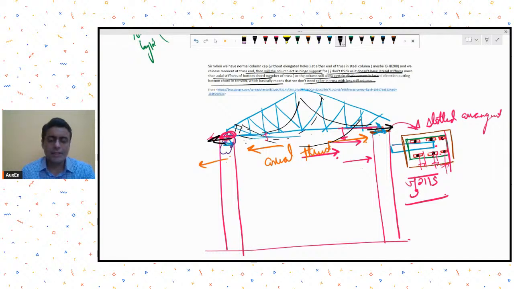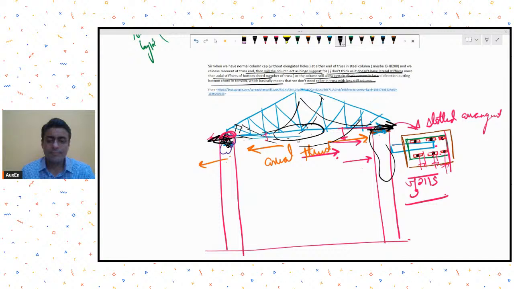The effect is that if it's a hinge connection, something has to take this lateral thrust that gets generated at the ends. Okay, and this lateral thrust will of course also be resisted by the bottom chord, but these columns will also have to take that lateral thrust effect.